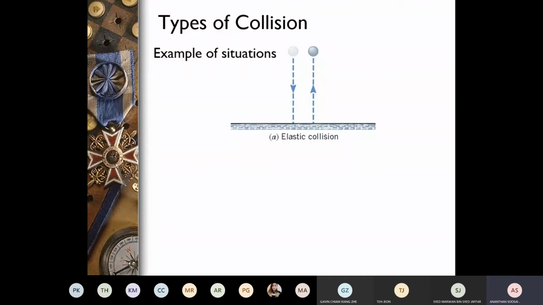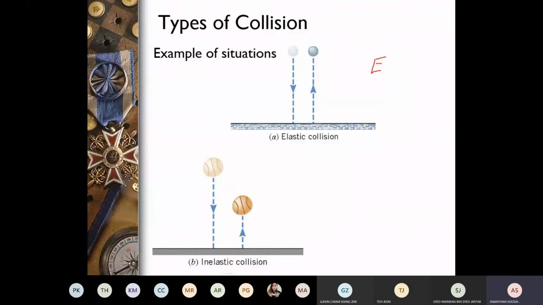Elastic collision means what's conserved? Elastic collision means the kinetic energy must be conserved. That's your answer. Elastic collision means kinetic energy of the system is conserved.